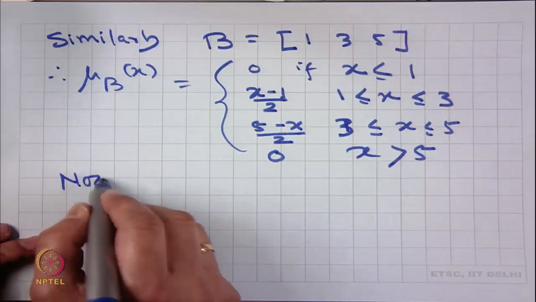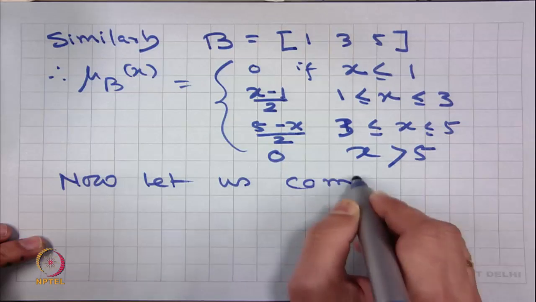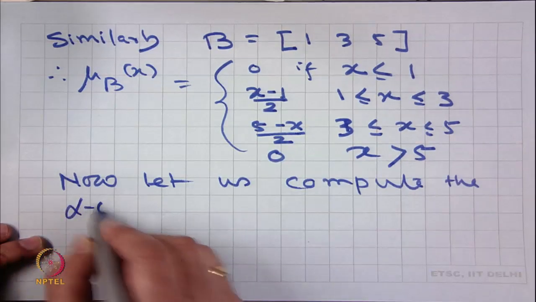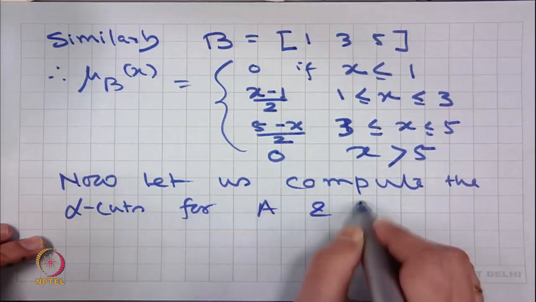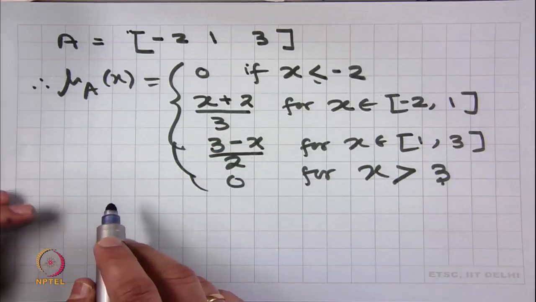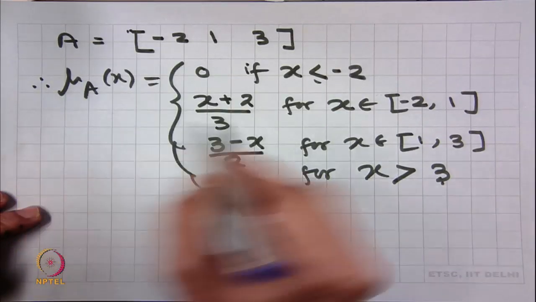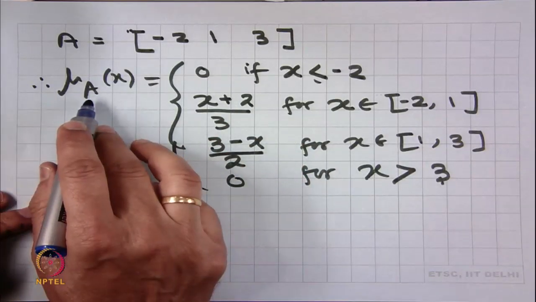Now, let us find out the alpha cuts for A and B. We have already obtained the membership values for different x corresponding to the set A.